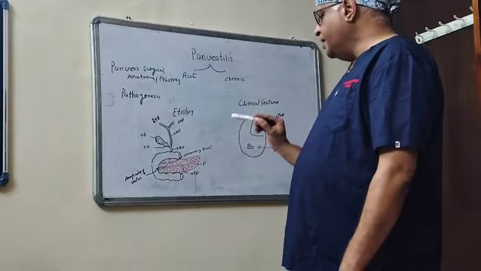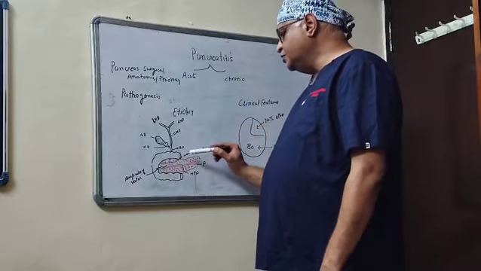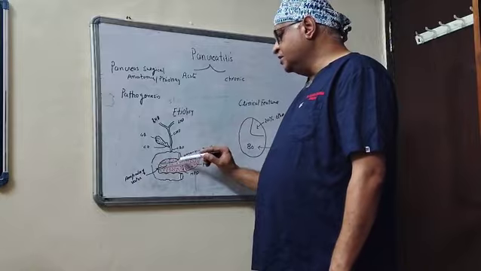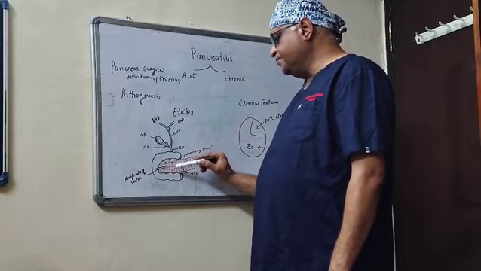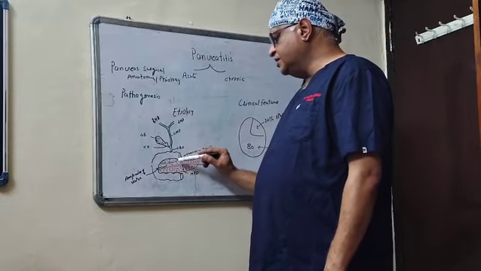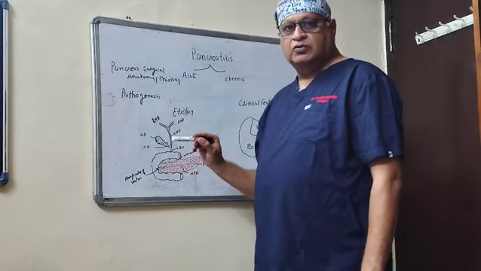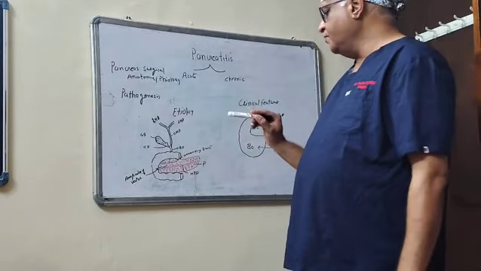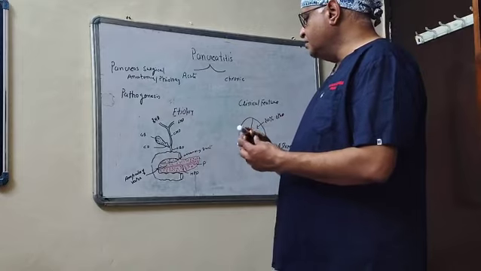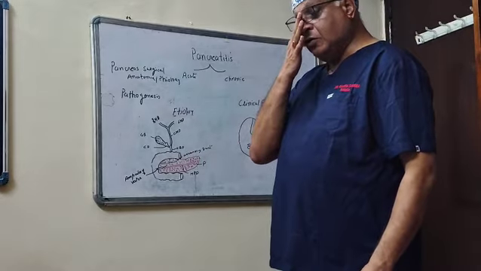So the main drainage of pancreatic juice is through the accessory duct, not through the main pancreatic duct. Diameter of the accessory duct is very small. So improper drainage of pancreatic juice occurs, causing autodigestion of the pancreas.